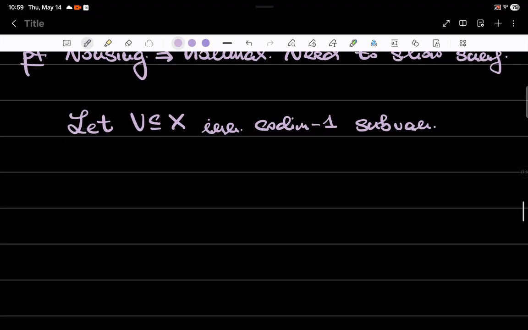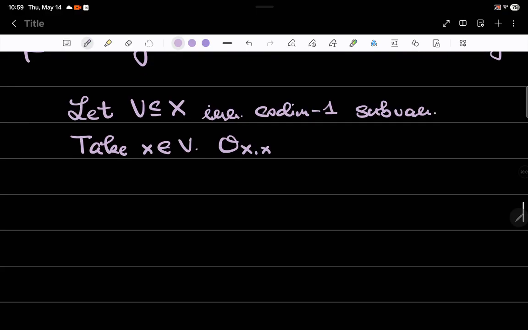So we want to show that V is Cartier. So take any x in V. By smoothness, the local ring at x is regular. Right, we have a regular local ring.